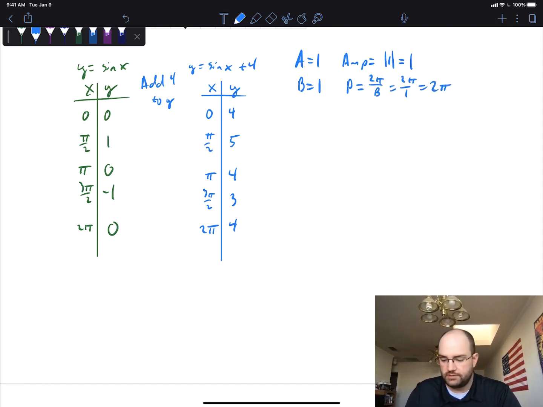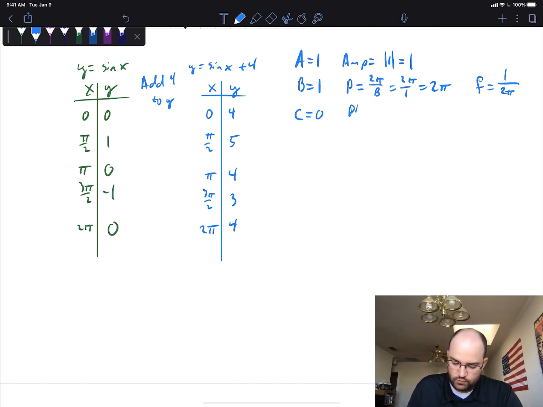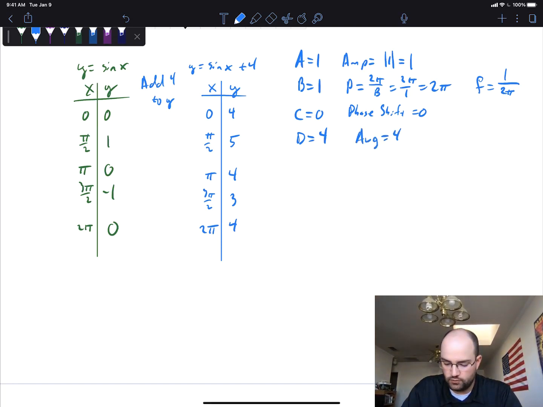So the period here is 2 pi. So the frequency would be 1 cycle for every 2 pi radians. C here is 0, which means that the phase shift is 0. D here, though, is 4. So it means that the average value for this sine function is 4.